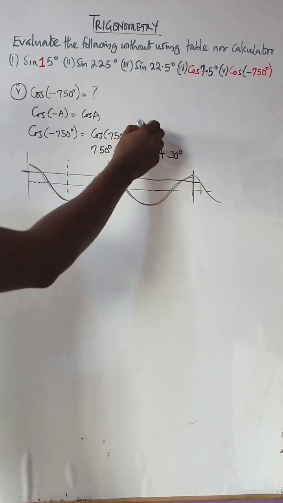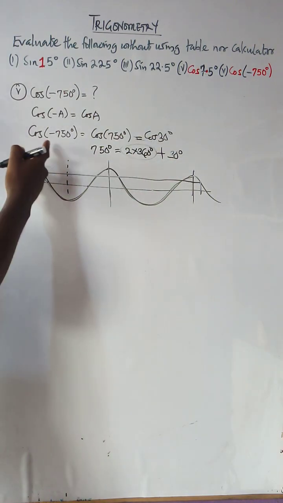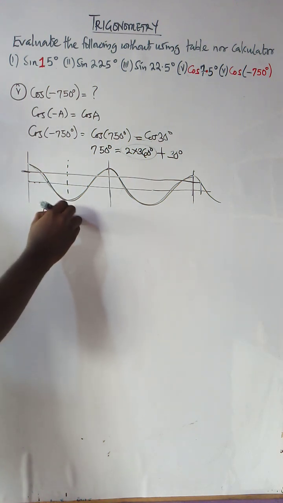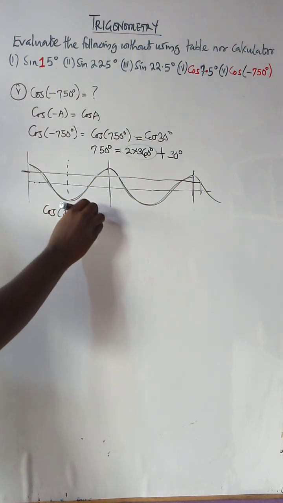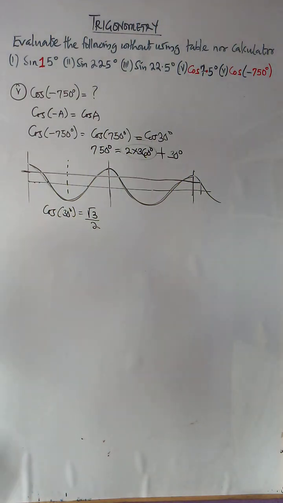So what's the remainder? 30. So it implies that cos minus 750 you are looking for is actually cos 30. And what's cos 30? Special angle, root 3 over 2. As simple as that. Just note, whenever the angle is greater than 360, you focus on the remainder after removing the highest multiple of 360.